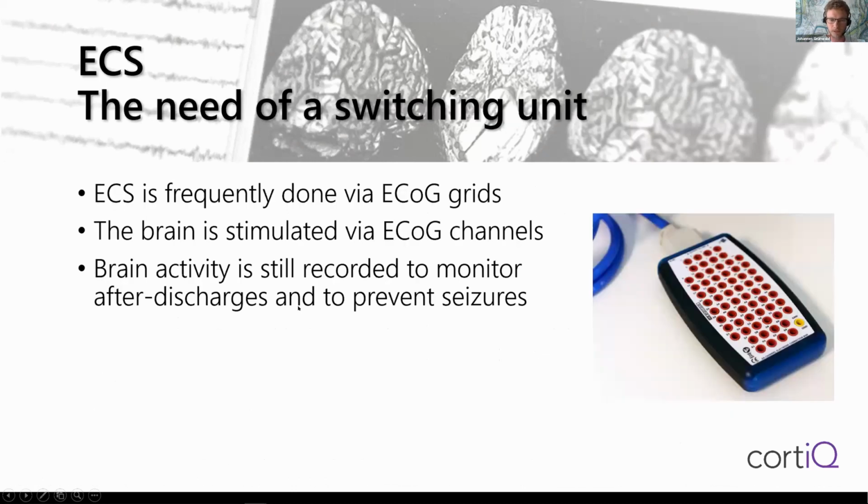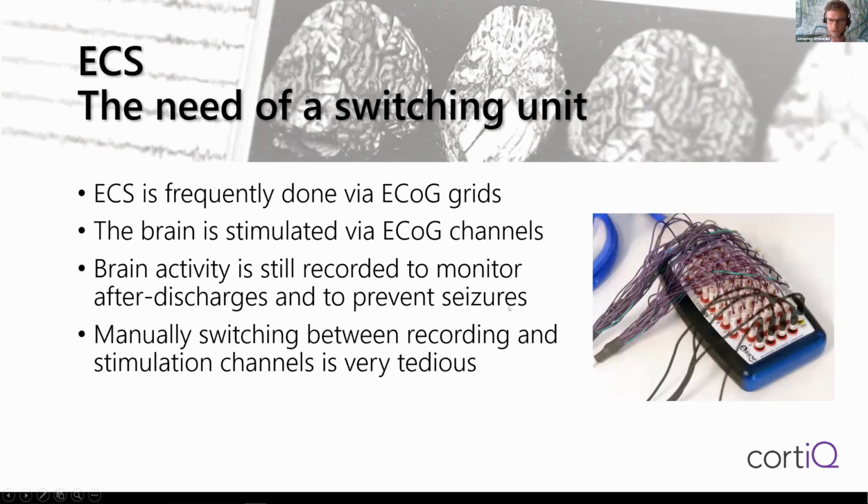So we have talked a little bit about stimulating and recording at the very same time. When you're doing bedside ECS, usually you're stimulating via your ECoG grids and at the same time recording via the ECoG grids. So here you can see a head box from our company, g.TEC, and it seems quite okay to plug in and plug out some electrodes you want to stimulate. But usually these are connected to the amplifier, and in reality it looks like this.